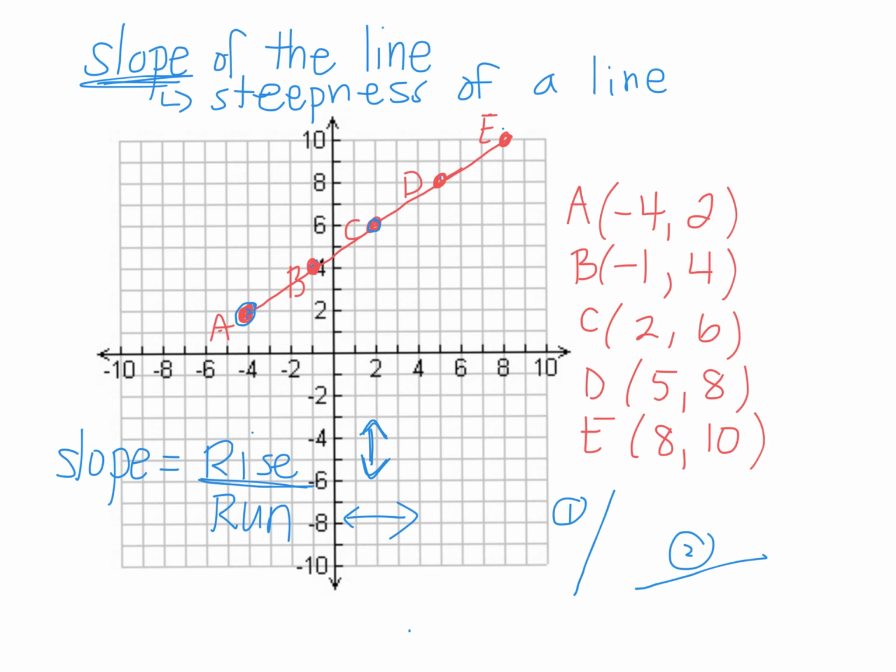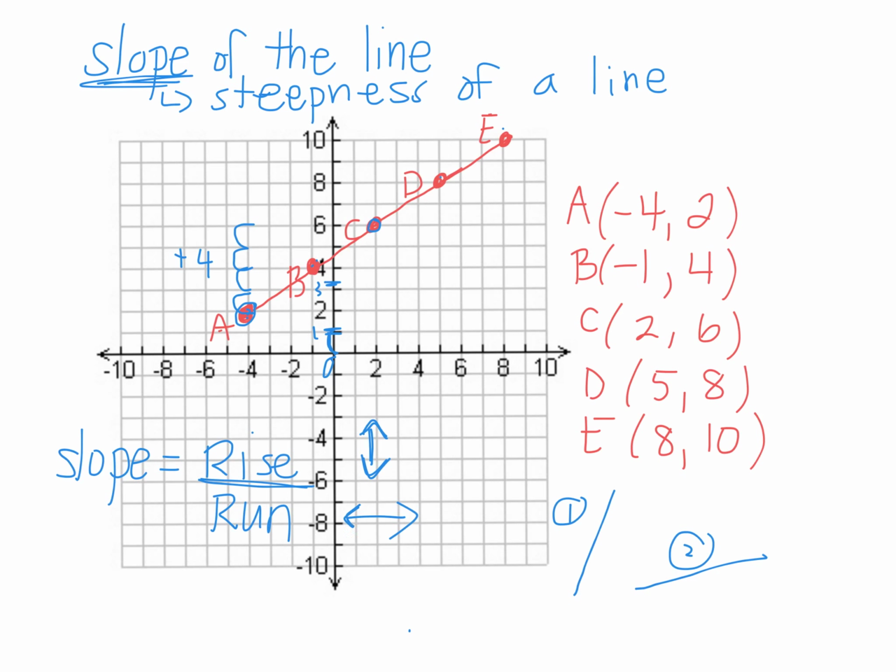Now you have to pay attention to the scale. Each square here represents how many? Each square is counting by 1, right? So if I count from here to here, that's 1, 2, 3, 4. So it's going up by 4, correct?